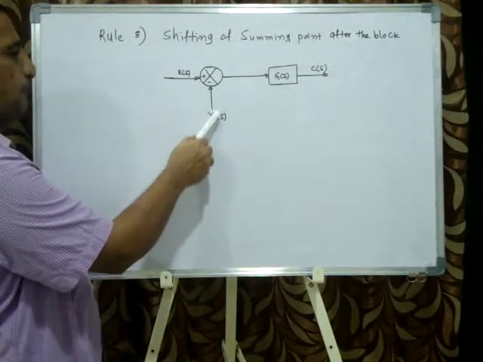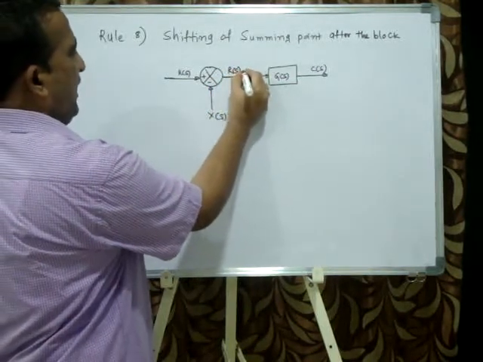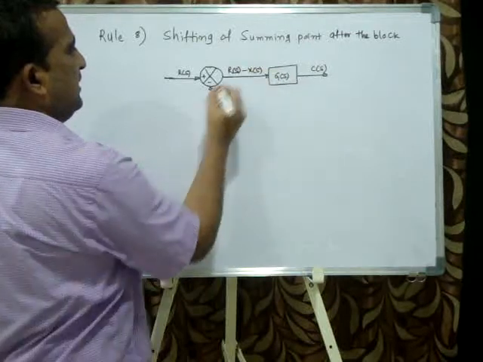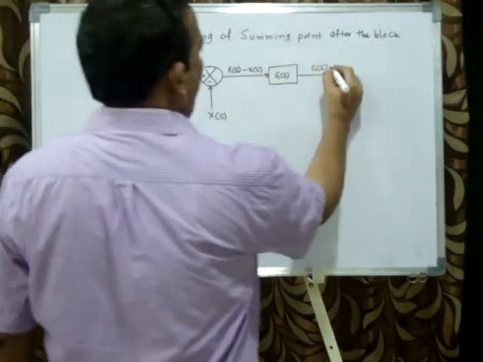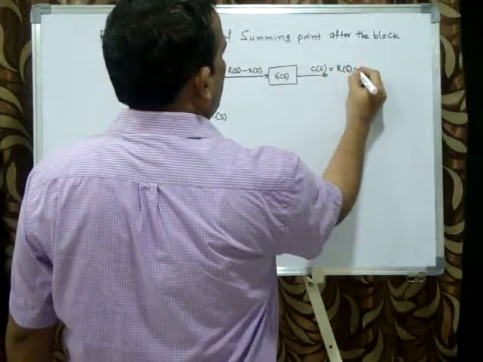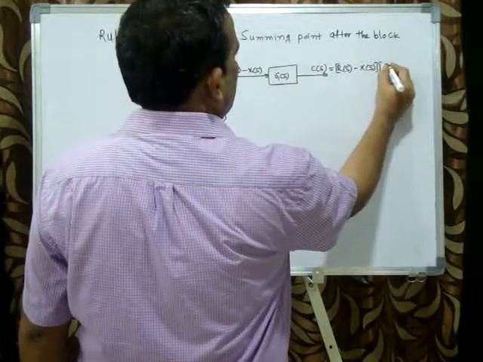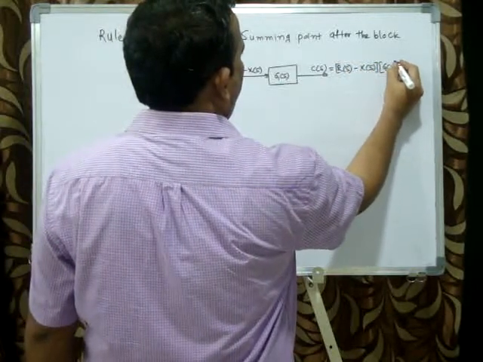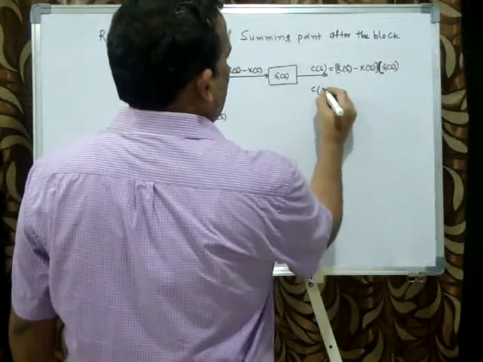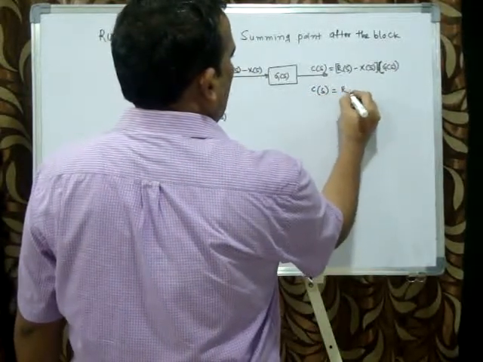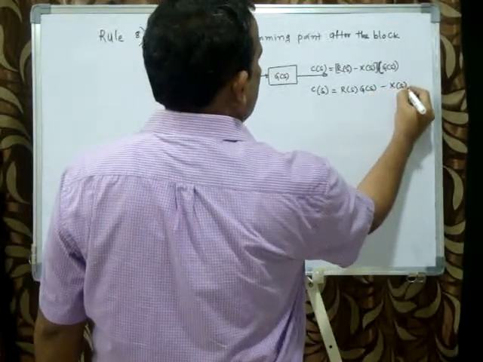R of S minus X of S, because it is an adder or a summing point. Now what is the C of S? This into this. So that is ultimately C of S equal to R of S, G of S minus X of S, G of S.